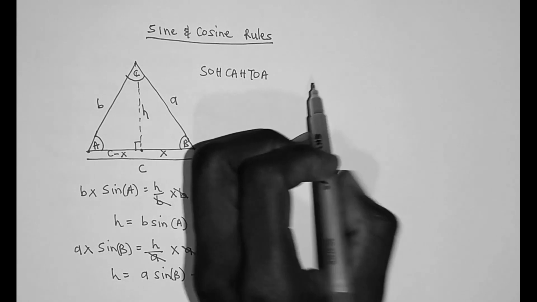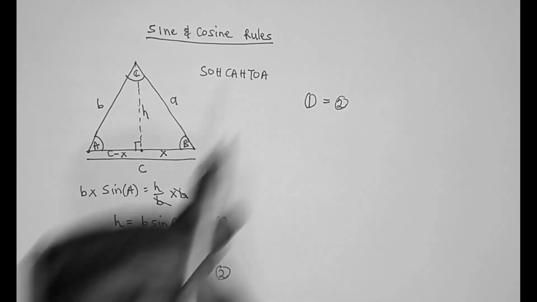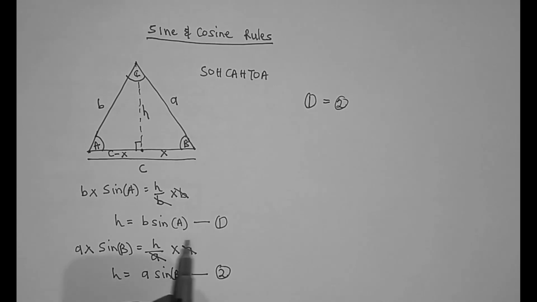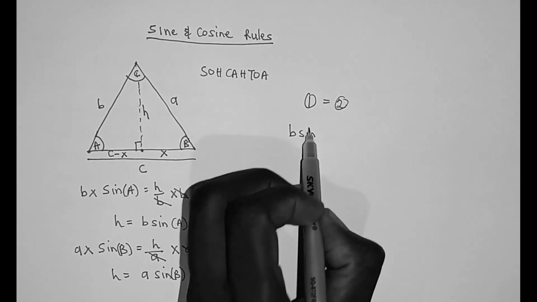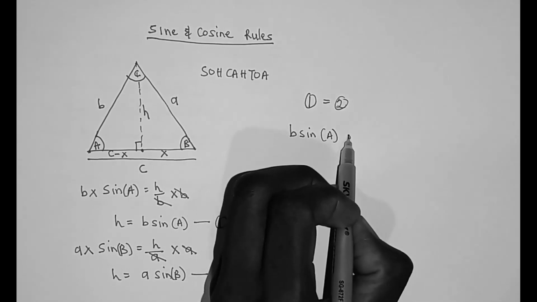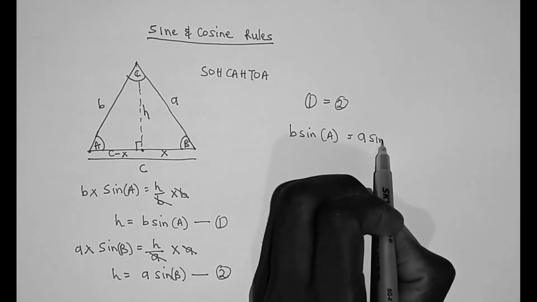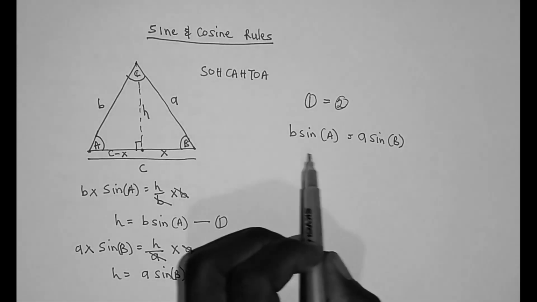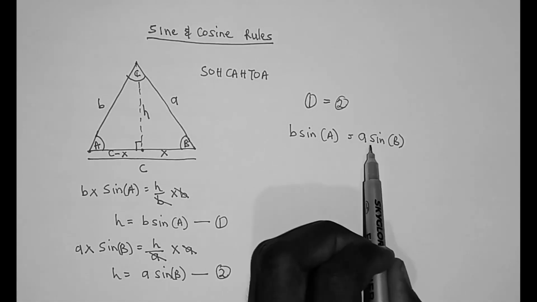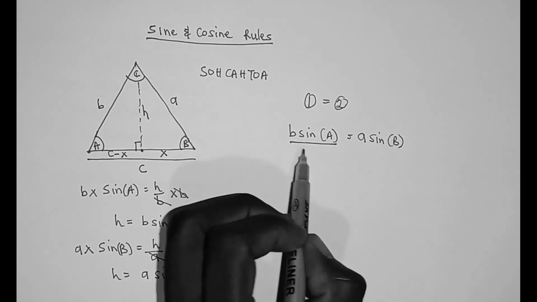Now let's equate equation 1 to equation 2. Our equation 1 is h equals b sine A. So let's equate b sine A to equation 2, which is a sine B. So b sine A equals a sine B. Let's first divide throughout by a.